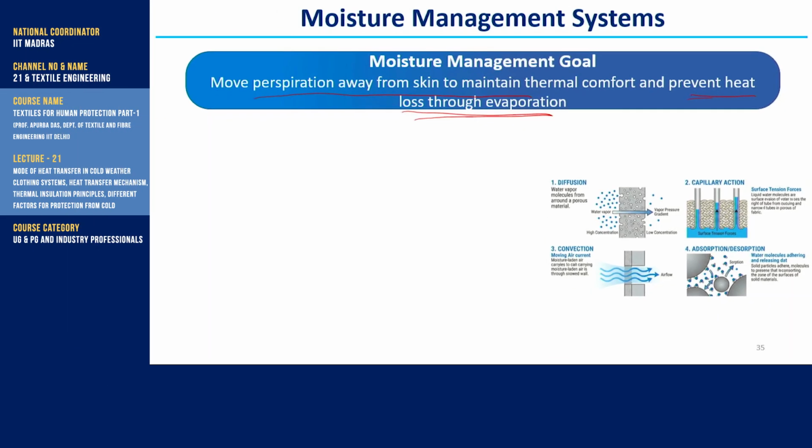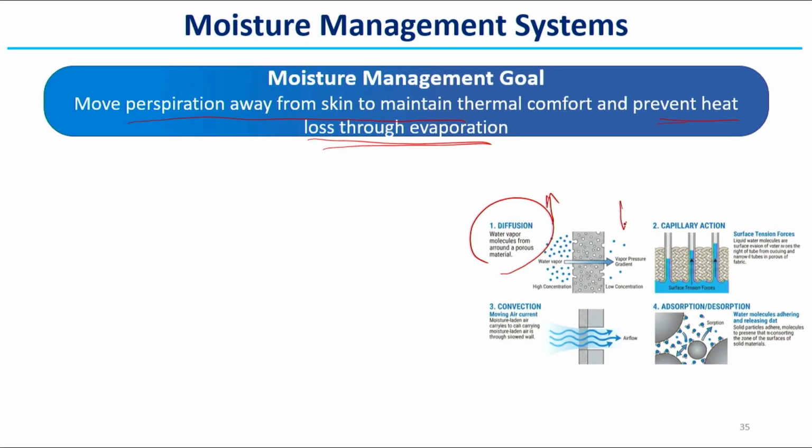Now, in the case of moisture in vapor form, diffusion takes place. Diffusion means that where the moisture vapor pressure is high it moves to where it is low. Due to the vapor pressure difference, the moisture gets diffused through the pores in the porous medium.